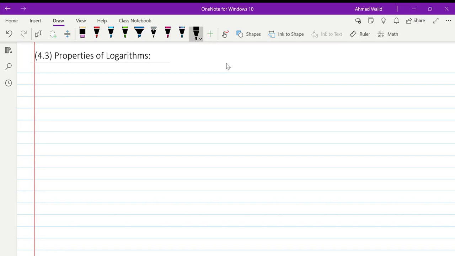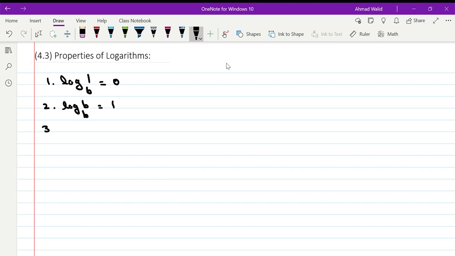Rule number 1. If I have log of 1 base b, my answer is always 0. Correct? Rule number 2. If I have log of b base b, my answer is always what? 1.